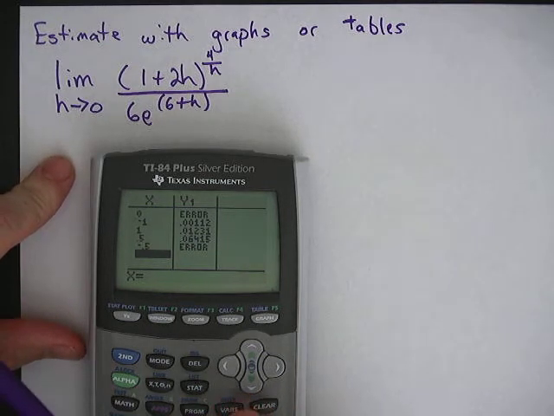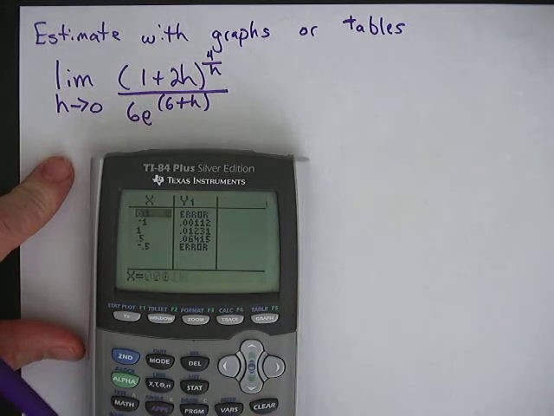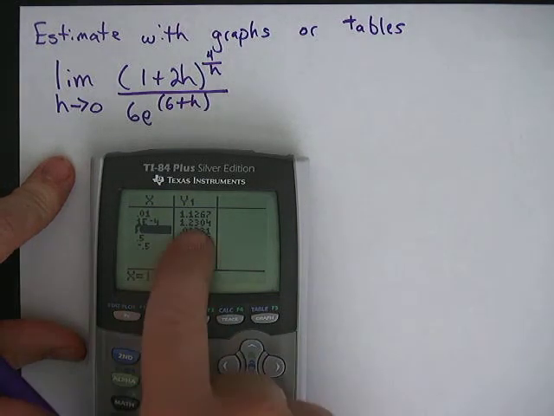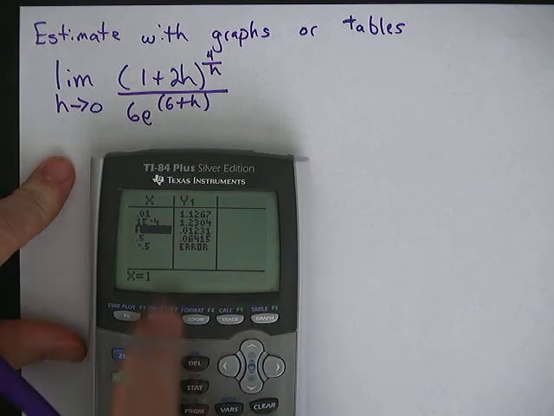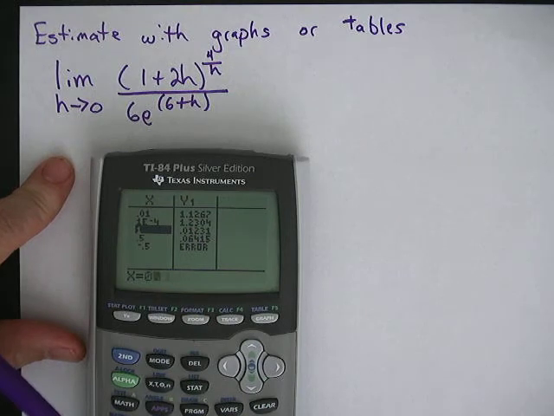So let's type in some values that are really close. So 0.01 or 0.001. Okay, notice that we're getting very close to 0 here, and the value's 1.23. So 0.00001.